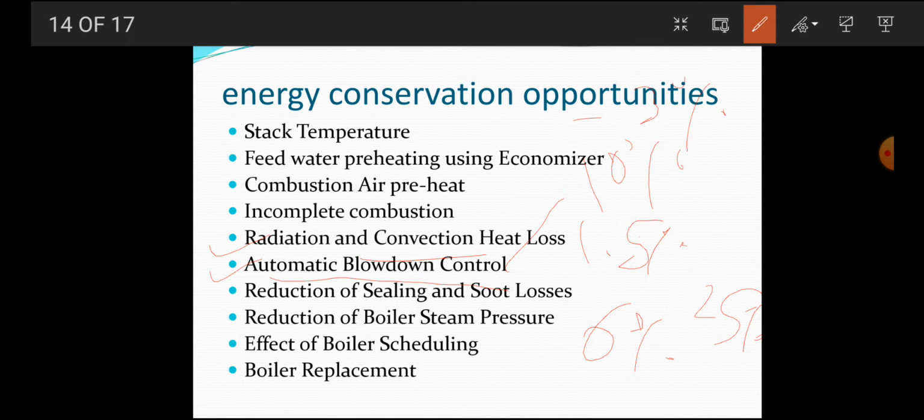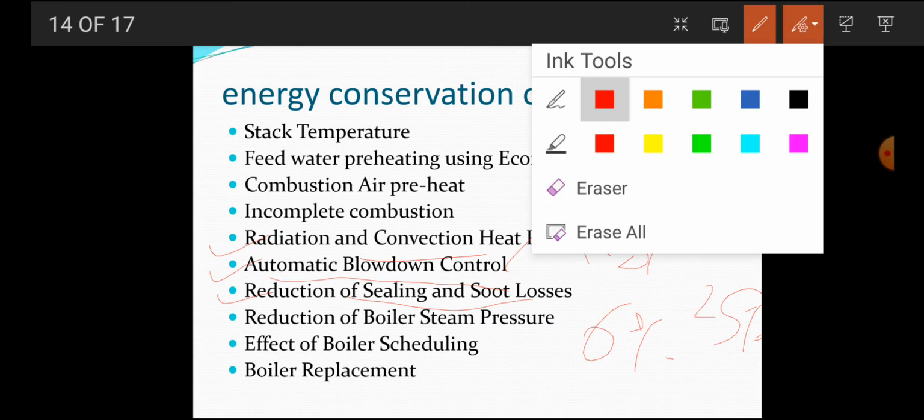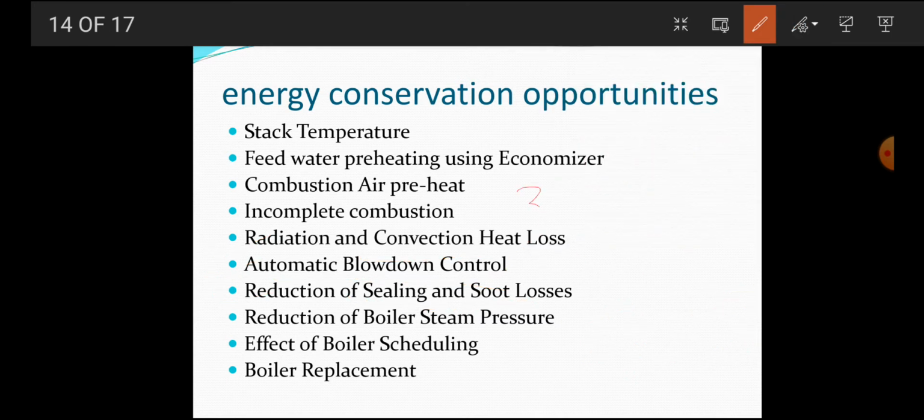Then seven, reduction of scaling and soot losses. In oil and coal fired boilers, soot buildup on tubes acts as an insulator. So we need to remove this soot and scaling, which may increase the efficiency. It is estimated that around 3 mm of soot can increase the fuel consumption by 2.5%.